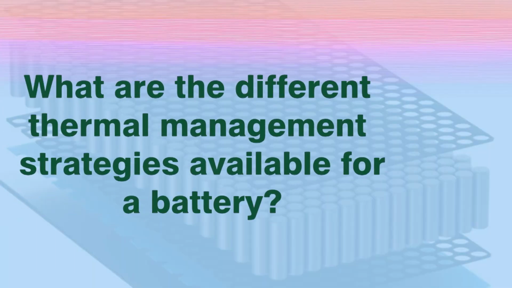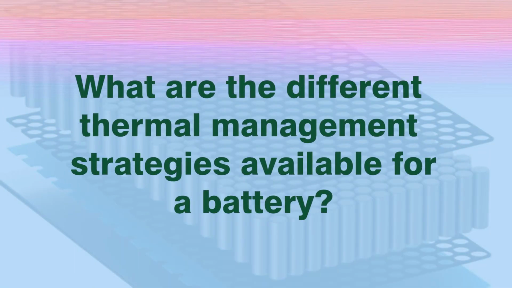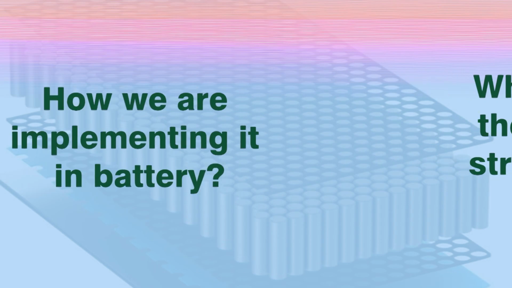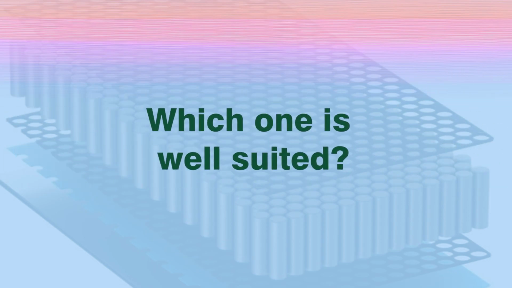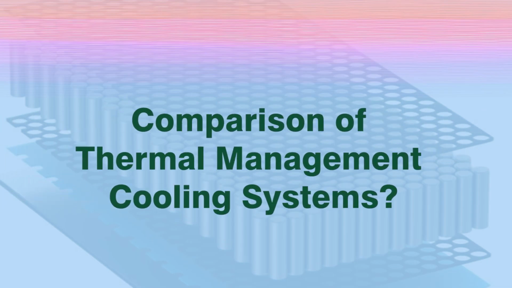In the second lecture on thermal management, we saw the different thermal management strategies available for a battery, how we implement them in the battery, and which one is well suited. We had a comparison of all the thermal management cooling systems. We also discussed different thermal management systems, their implementation and the required optimal performance.